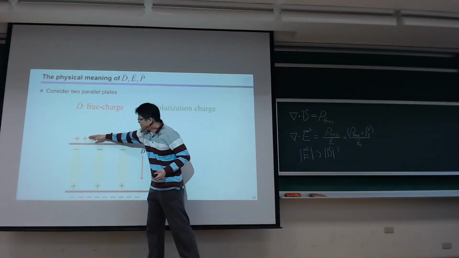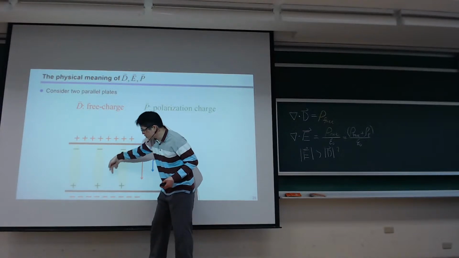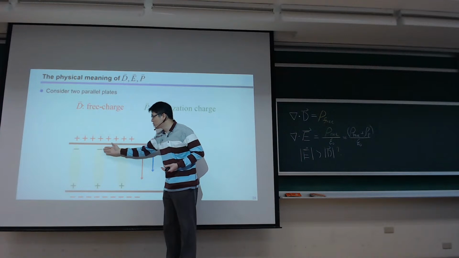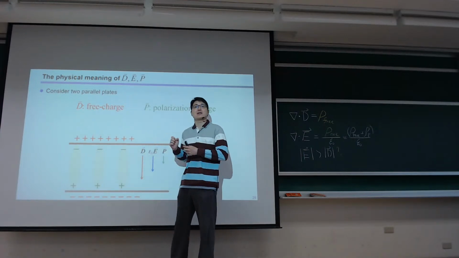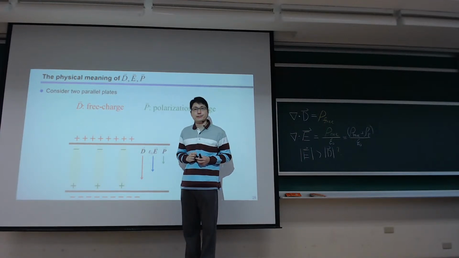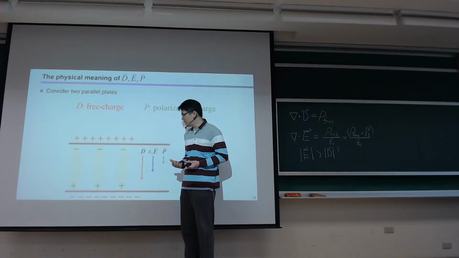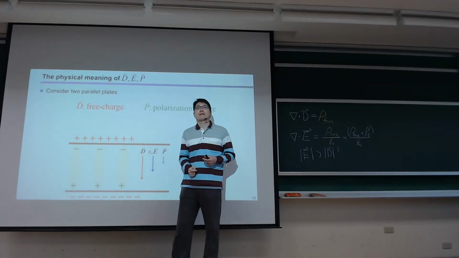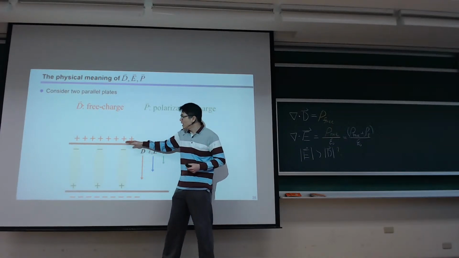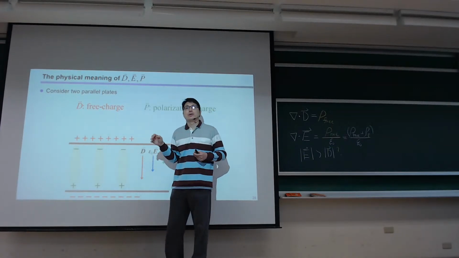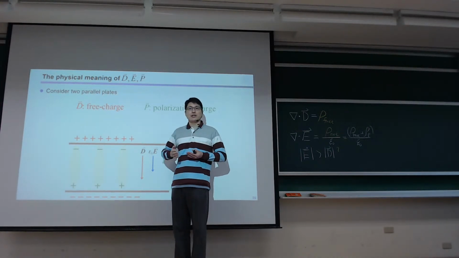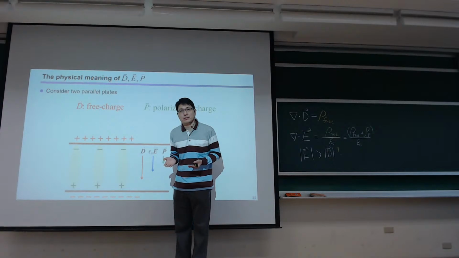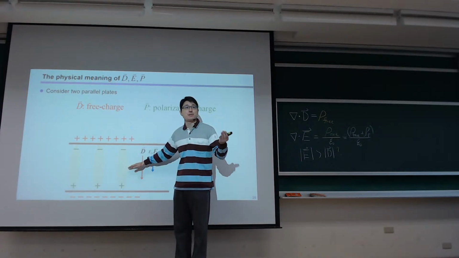And these free charges create the externally applied field lines, and they induce electric dipoles inside the material. And as we talked about, whenever we have induced dipoles along the surface, we create induced surface charge densities, assuming this is a homogeneous material.